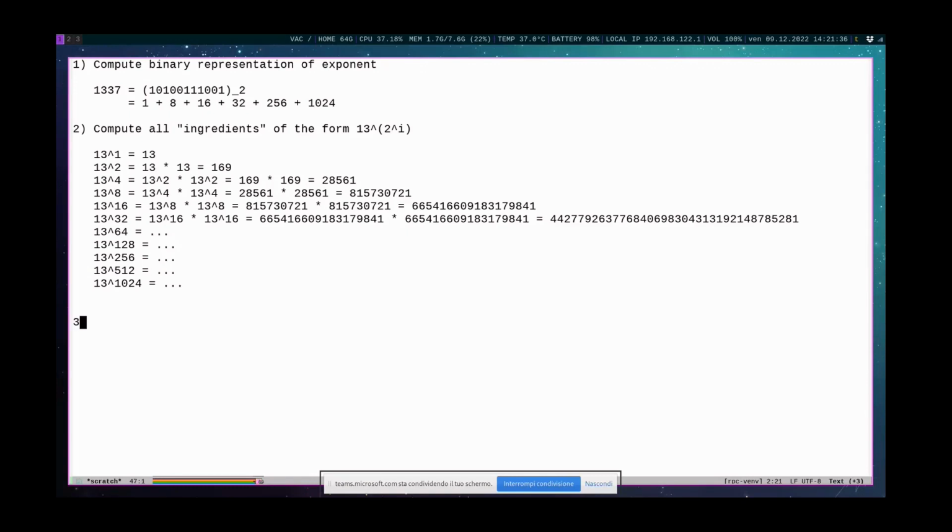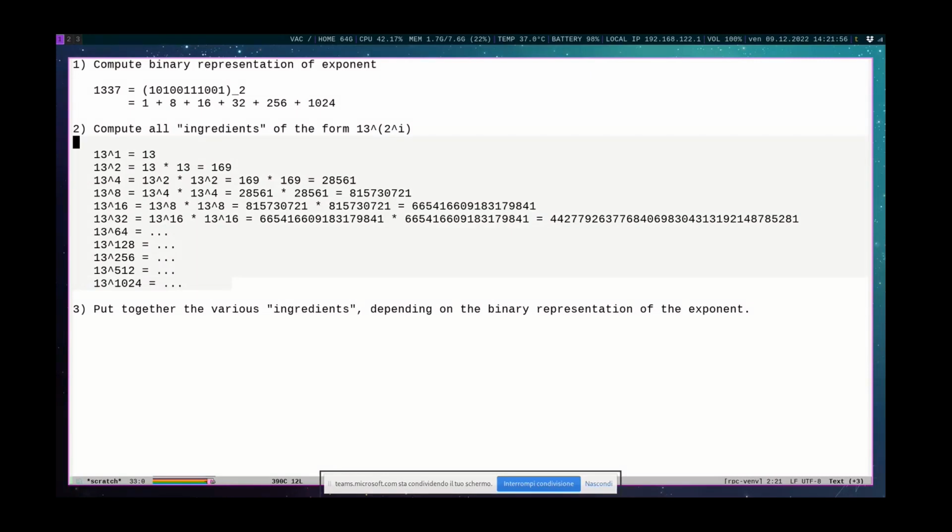And finally, put together the various ingredients depending on the binary representation of the exponent. An answer could be: where do you stop with this computation? You stop once you reach the highest power in the representation of your exponent.